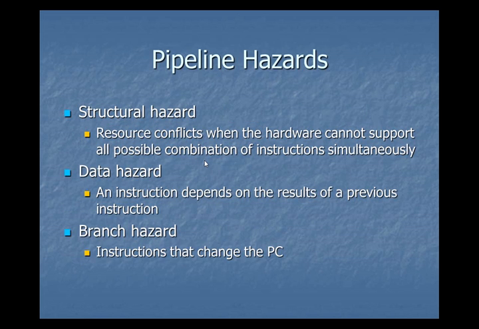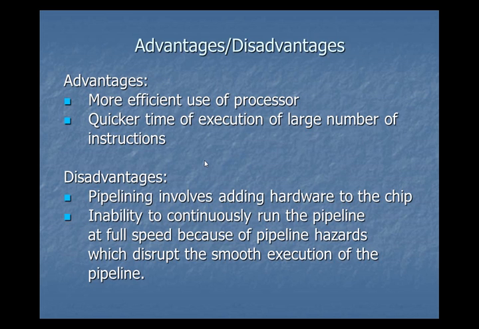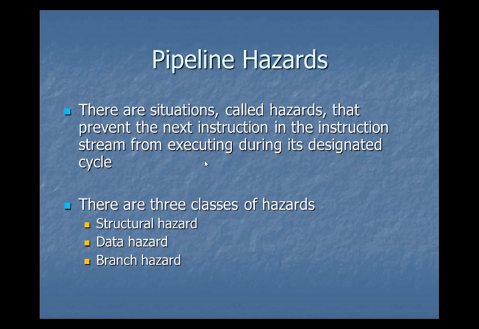Next, what is a pipelining hazard? Hazard means something that disturbs the current execution of the pipelining or of any process. If I say computer hazard, that is something that disturbs the current execution of the computer. So a hazard is a disturbing element.